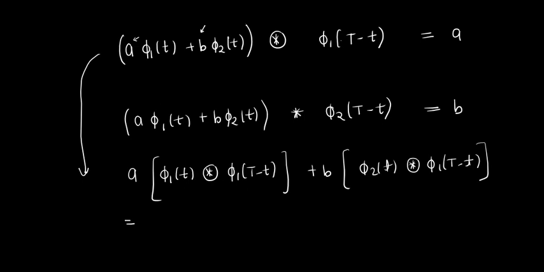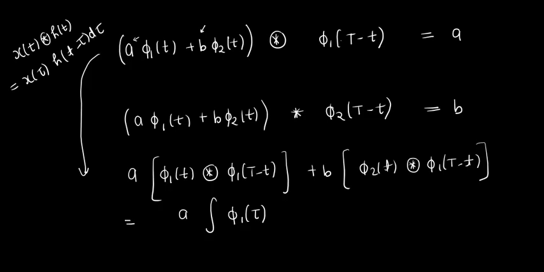Now solve this. What is convolution? Phi 1 tau, if you remember we studied the convolution of x t with h t. What was that? Integral of x tau h of t minus tau d tau. Yes or no? Tell me.